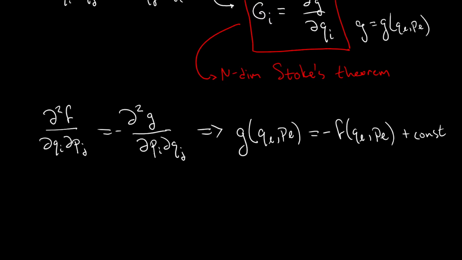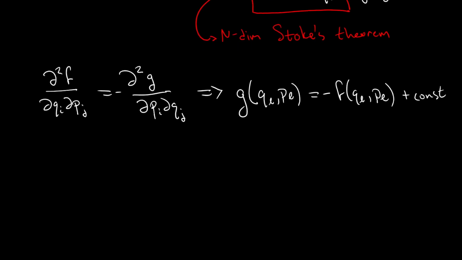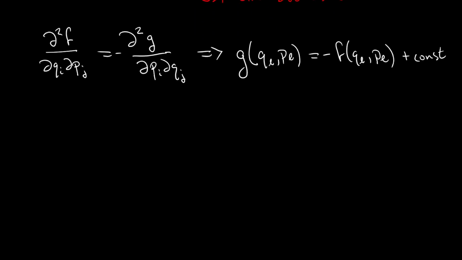This is the general solution to this sort of equation. So now we have our general relation between our transformation functions, and we can go ahead and just plug this in to get our most general form of a canonical transformation.